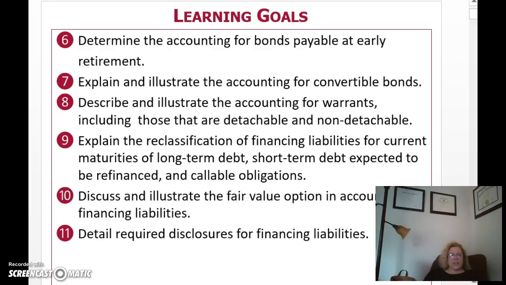Learning Goal 10 discusses and illustrates the fair value option in accounting for financing liabilities. And lastly, in order to comply with the financial transparency requirements, disclosures for financing liabilities are detailed in Learning Goal 11.